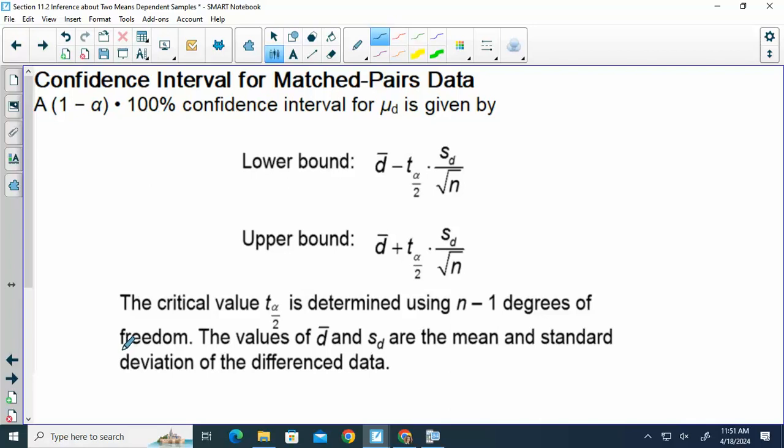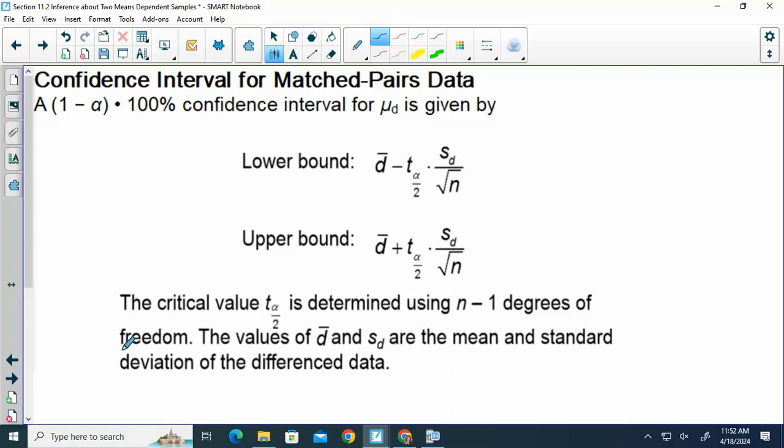Because it's matched pairs data, we're trying to take two sets of data and combine them into one. So same idea as what we've done before with those confidence intervals. And I'm pretty sure this is all listed on your formula sheet as well. Yeah, it's got a bullet for confidence intervals for matched pairs data, at the bottom of chapter 11.